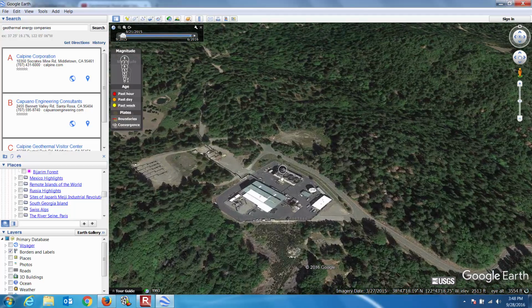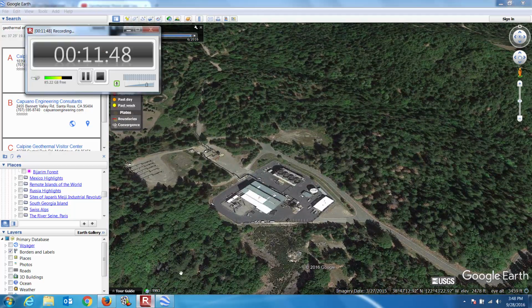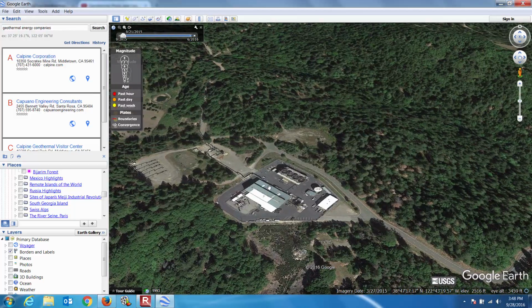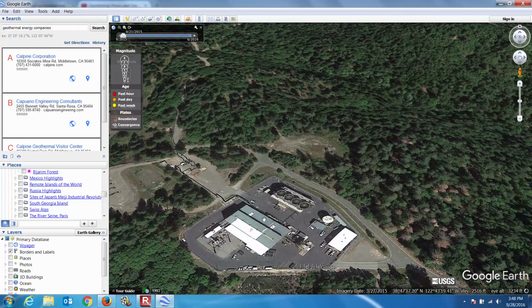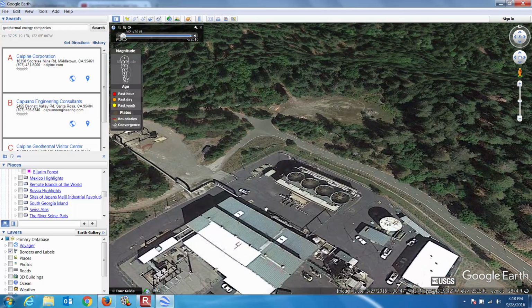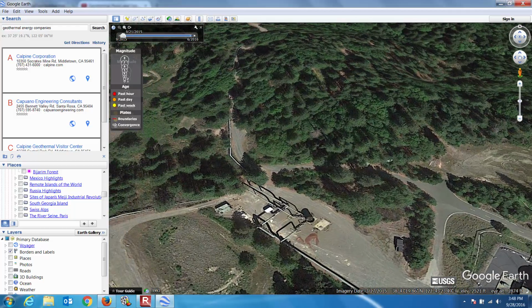You can see some of the actual generating facility right here. See the cooling towers here. And then you can kind of take a look and see where some of the pipes take off. So this would be a production well right here.